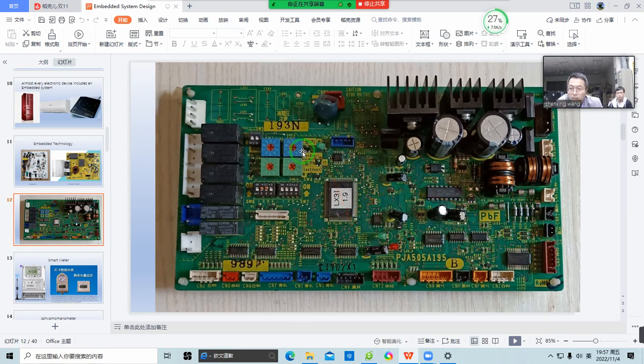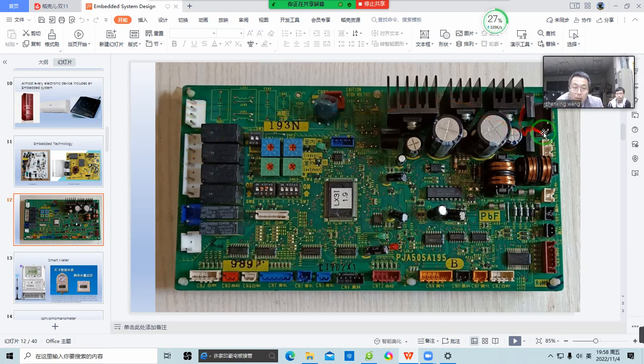Okay, so each time you see this kind of PCB board, you will know. Although no one tells you what it is used for, you can have some glimpse and guess what it's doing. For example, this is a relay, maybe to switch on, switch off some motor or some other device.